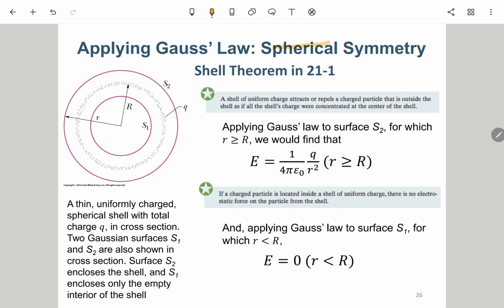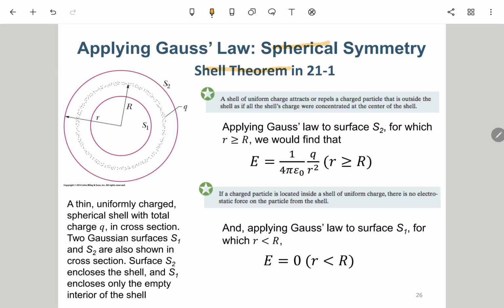If you still remember, we mentioned the shell theorem, but at that time I just told you to try to believe it is true. At that time we didn't have sufficient knowledge to understand why it is true. Here, by using Gauss's law, we will be able to understand why it is like that.